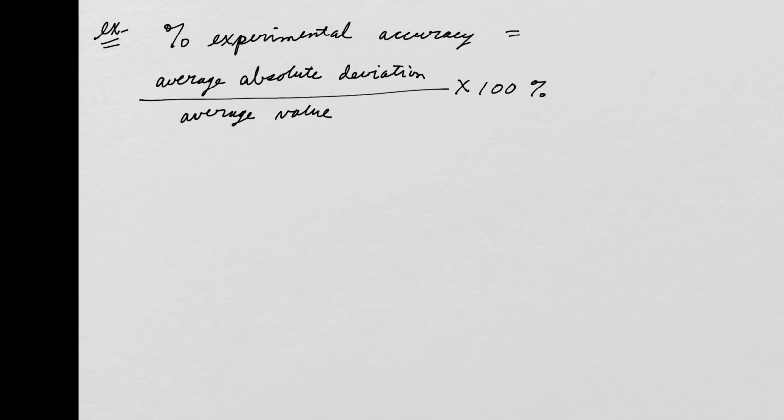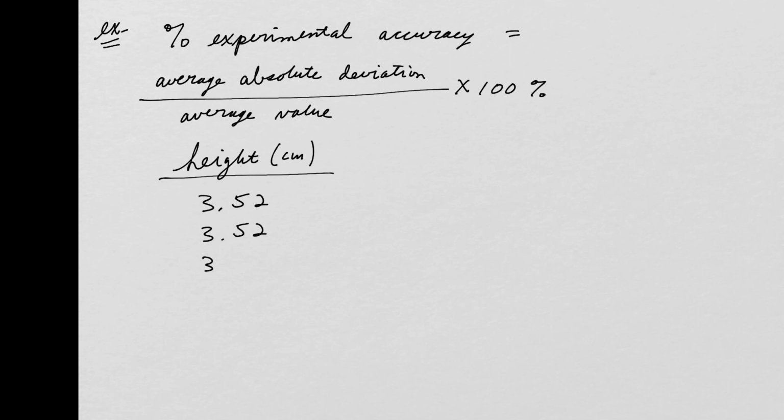So if I give you some data, let's say we measured the height of an object in centimeters, and let's say we measured it 5 times, and we got these values: 3.52, 3.52, 3.46, 3.42, 3.52. So remember, the first thing you have to do is average those 5 values, right?